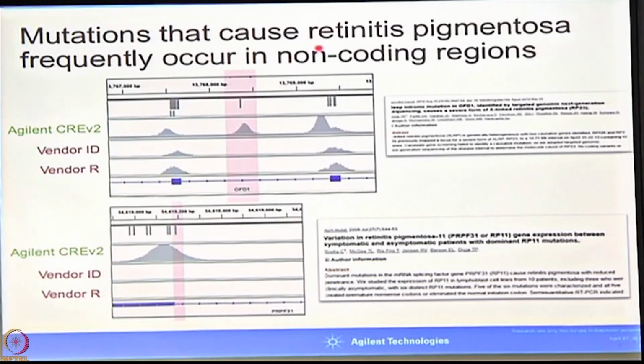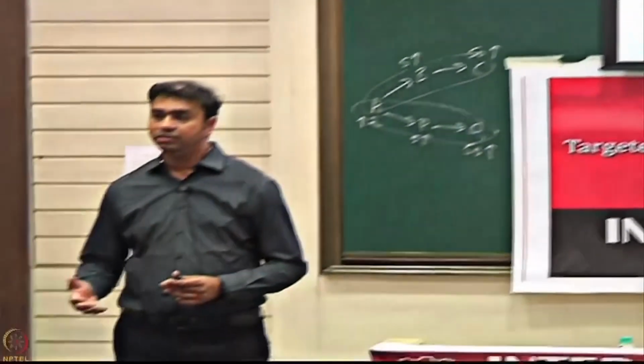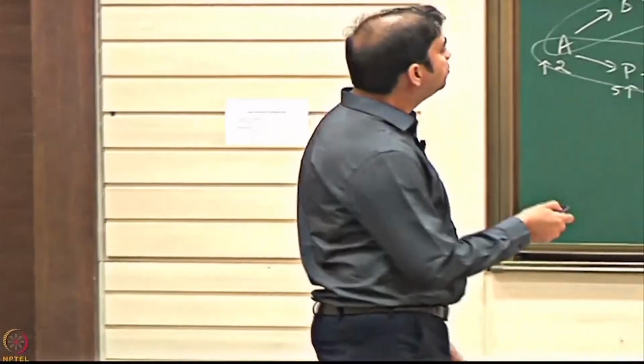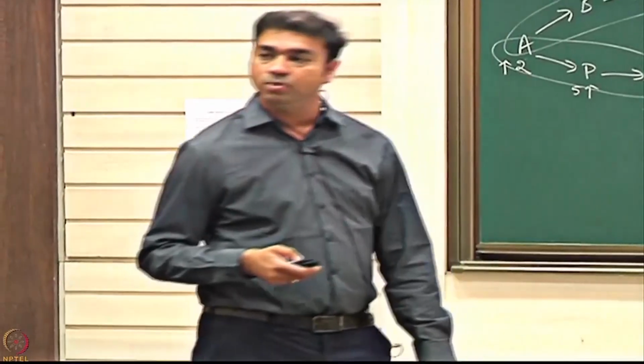Then this region is again well covered. These are all non-coding regions, well covered with our clinical exome. And most of the pathogenic variants for rare disease are present in non-coding regions, so it is fairly covered with the clinical exome panel.